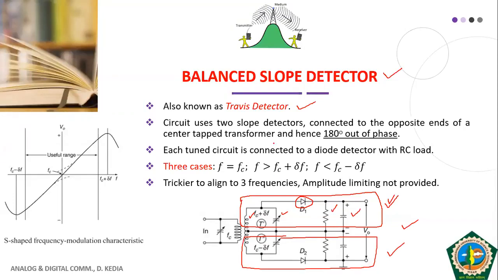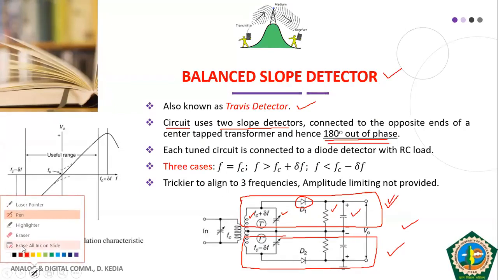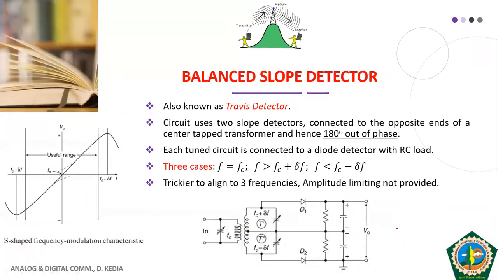In case of balanced slope detector, the circuit uses two slope detectors, and these slope detectors are connected 180-degree out of phase. That is a very, very important point. Let us see how they have been connected 180-degree out of phase. We have used a center tapped secondary, center tap transformer.